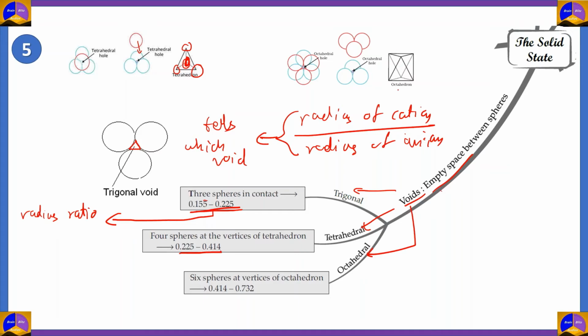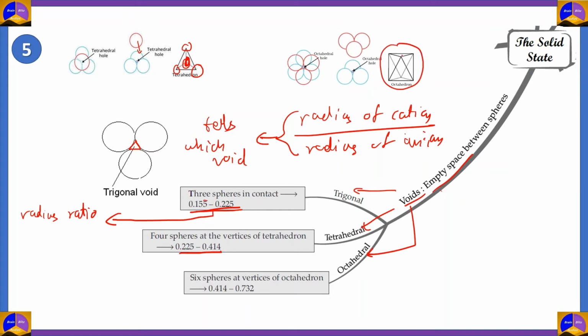When it comes to octahedral voids, we have 6 spheres which are touching this void. That means the shape of the void represents an octahedron. We have 3 spheres on one layer, and 3 spheres on the other layer in an inverted position. When they join together, you get something like an octahedron.